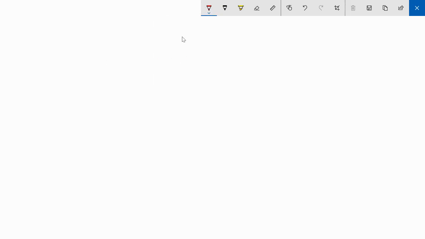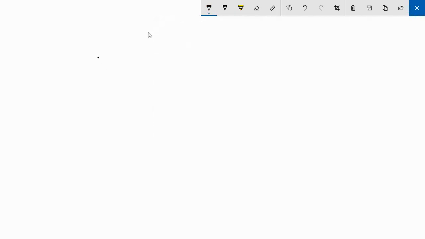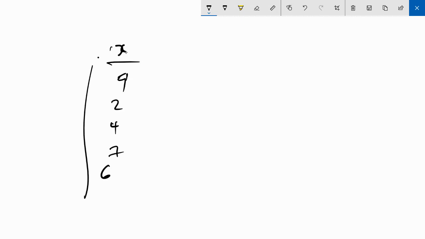Suppose you are given data x: 9, 2, 4, 7, 6. Sum divided by n. Someone, how do you find the mean?